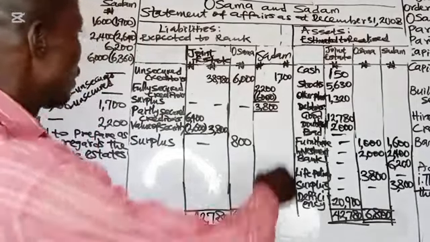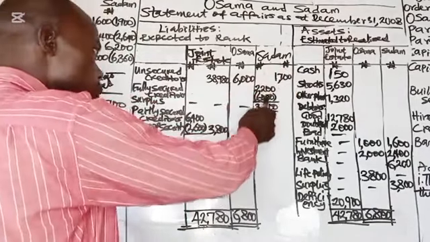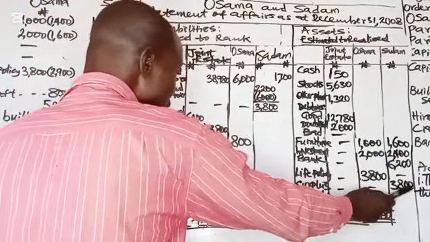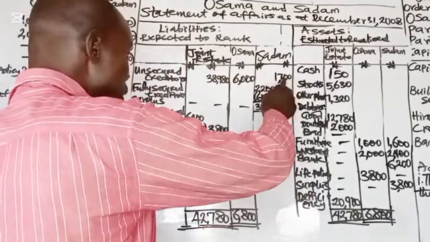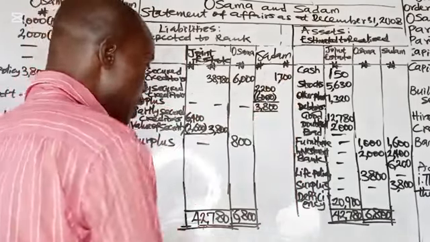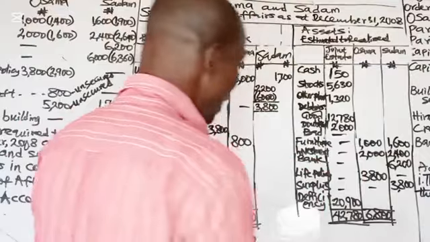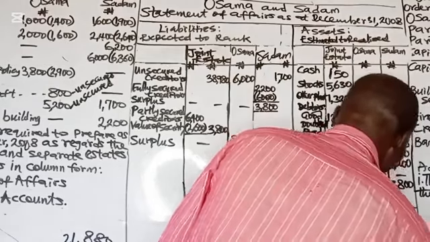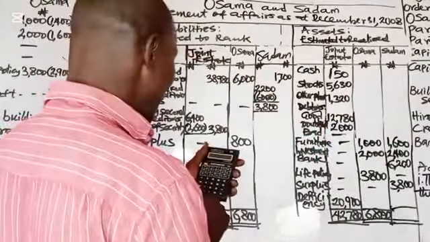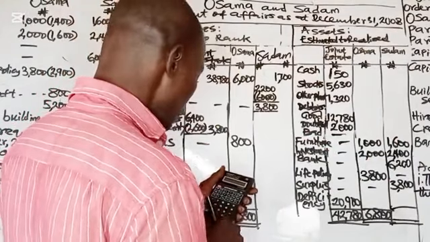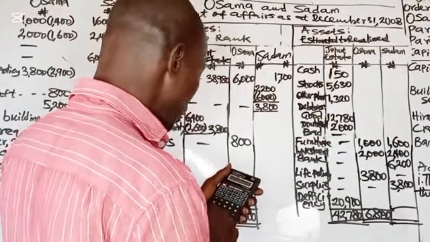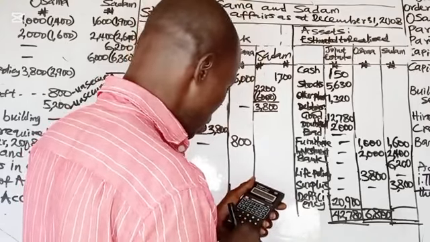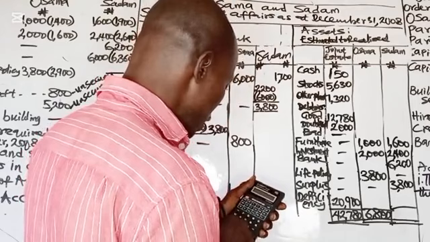Then for Saddam, you don't need to add the surplus. That surplus will be transferred to the credit side here. The liability is 1,700. Let's add the asset side: 1,600 plus 2,400 plus 6,200 plus 3,800.